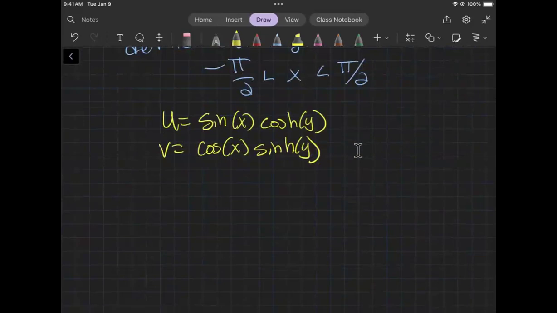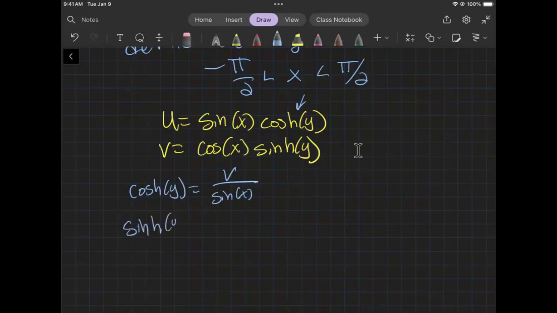If we solve for hyperbolic cosine y and hyperbolic sine y, we get hyperbolic cosine y equals u divided by sine x, and hyperbolic sine y is equal to v over cosine x.